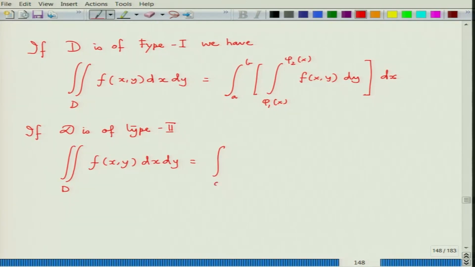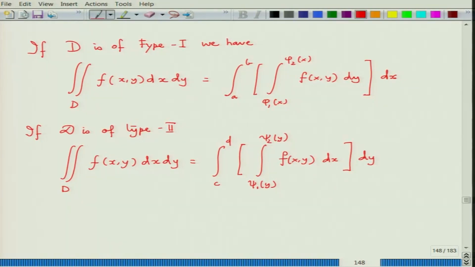So, it will become c to d, integral psi 1 y to psi 2 y, not phi 2 but psi 2 y, of f of x y dx dy. This is the way you compute it.